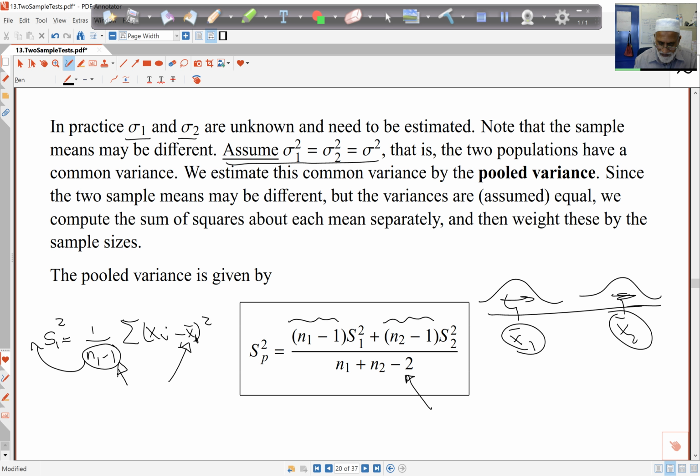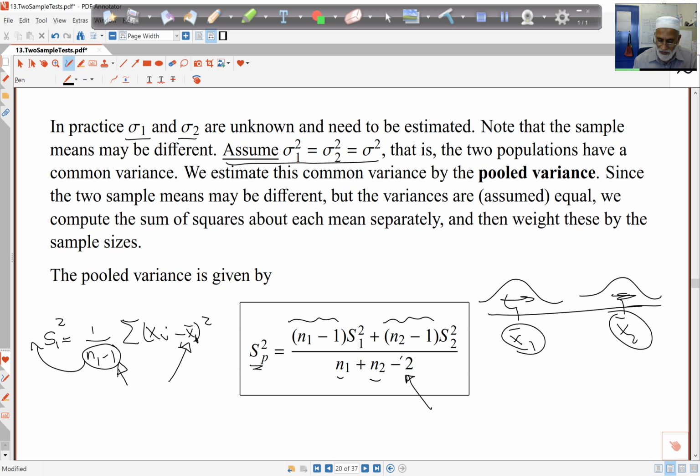In the single sample case, the decrease was by 1 because I had one parameter estimated from data. Here I've got two things, x1 bar and x2 bar, estimated. So my degrees of freedom reduces by 2. We'll find this is consistent in the work we'll do: the number of parameters we estimate in order to estimate the variance will be the amount by which the denominator will decrease.